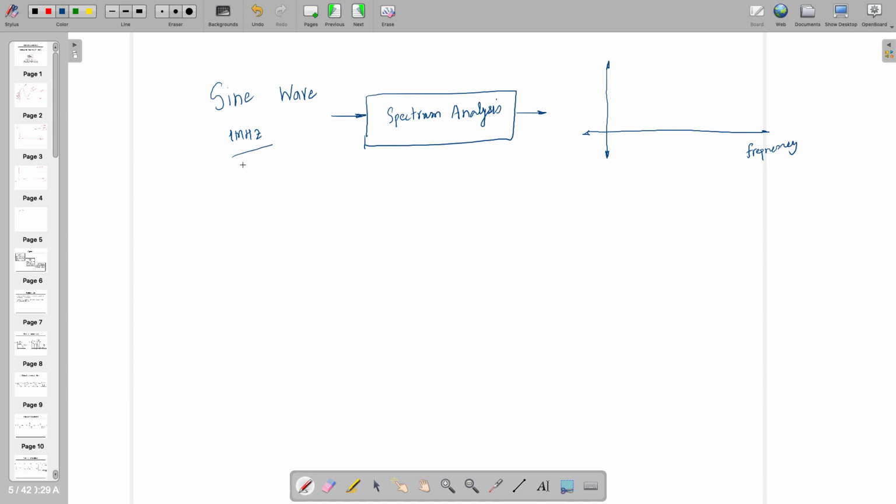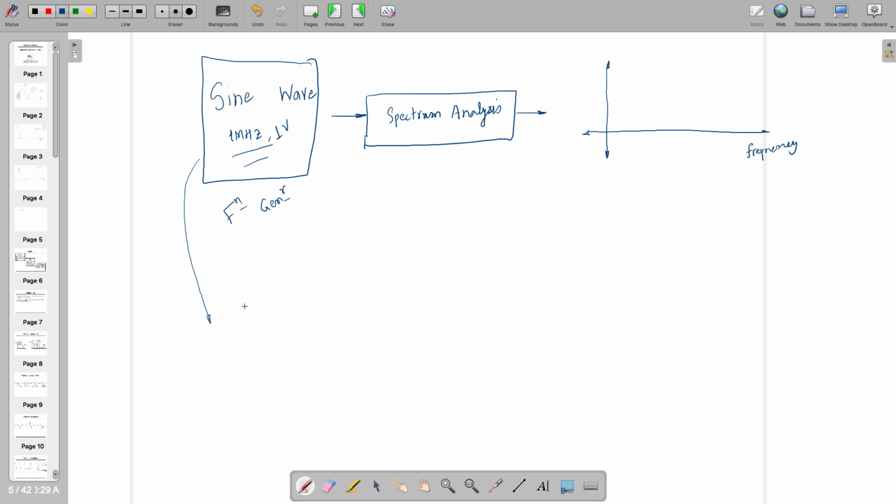So if it is a sine wave with 1 megahertz that I am generating from a function generator, what are you going to see in this spectrum analyzer? What do you think? 1 megahertz and 1 volt. Are you following my question? What I mean to say? No, Divya. So I'm saying that when you studied signals and systems, you may have learned something called the spectrum of a sine wave, here a sine wave with 1 megahertz, 1 volt.